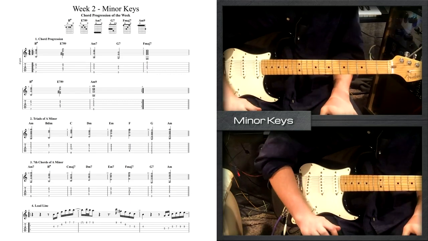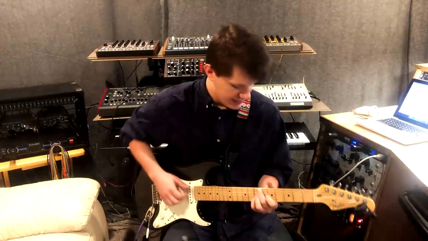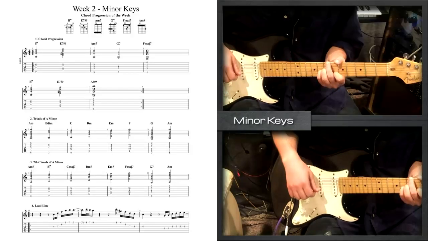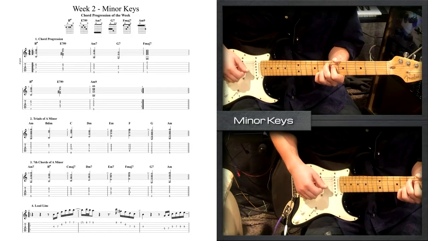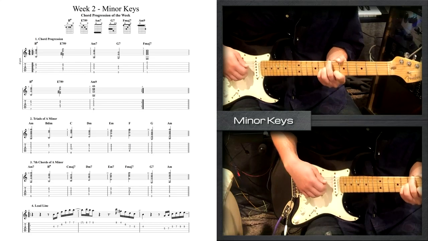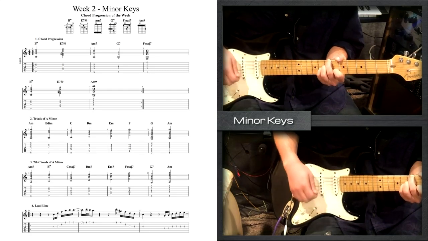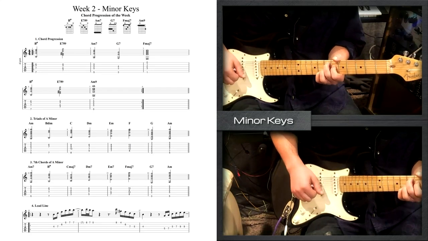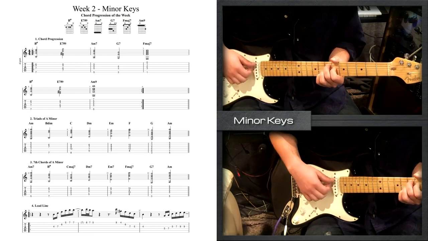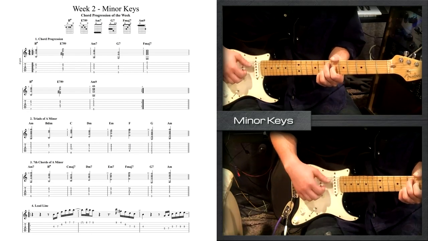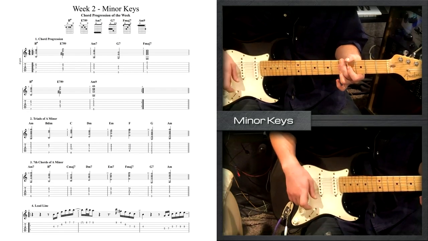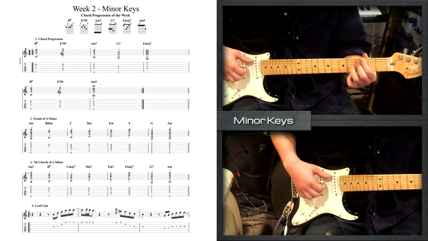So, just to walk through that progression one more time, we have our 5 chord, we have our 2 chord, which is a minor 7 flat 5. We have our special 5 chord, which is a dominant 7 sharp 9. We have our 1 chord, which is a minor 7.